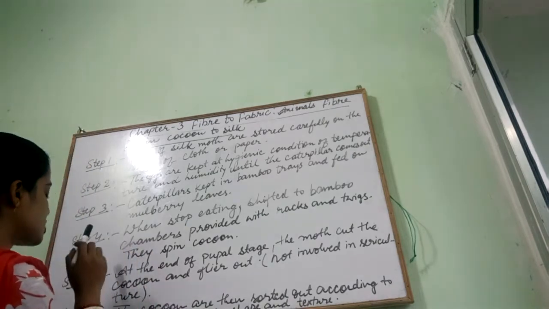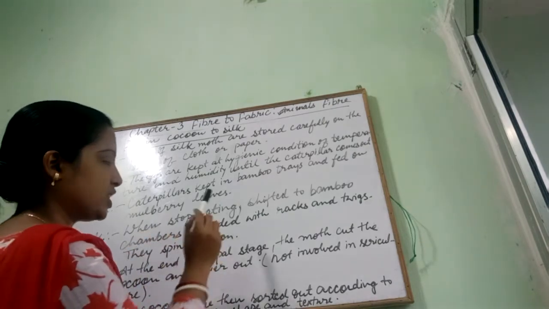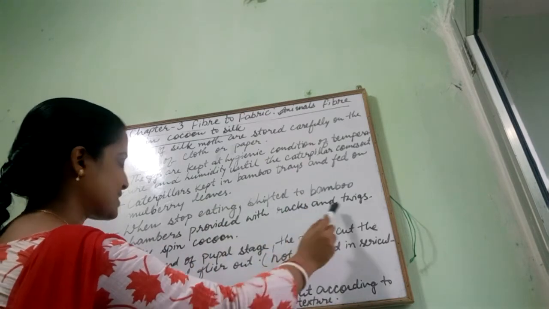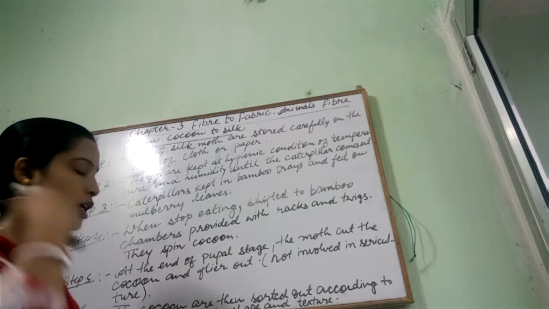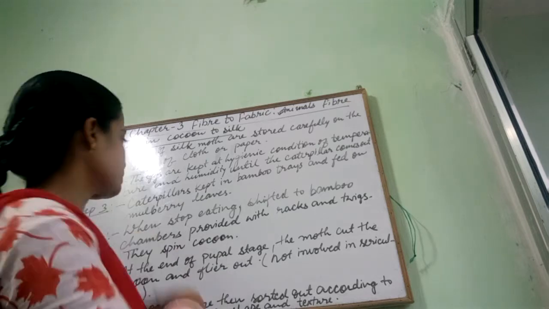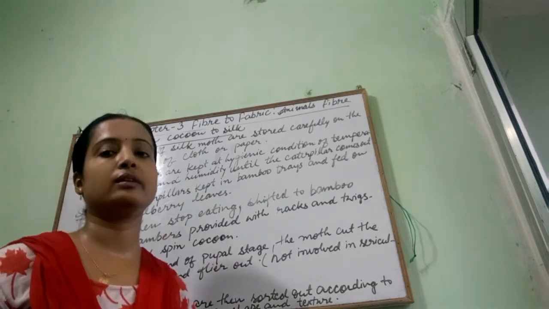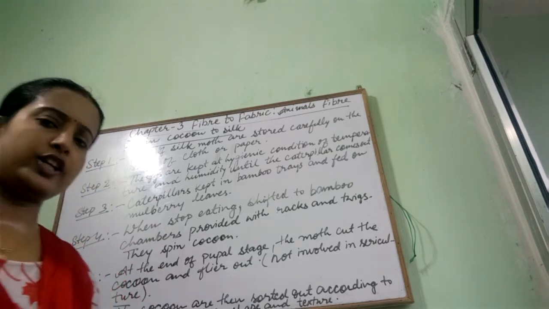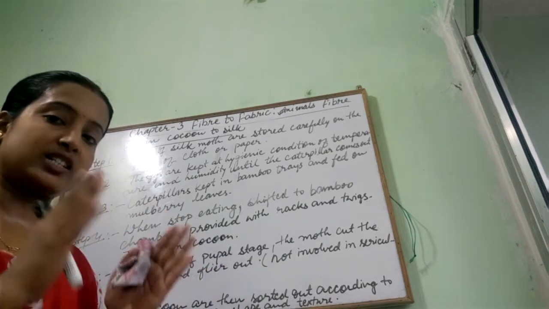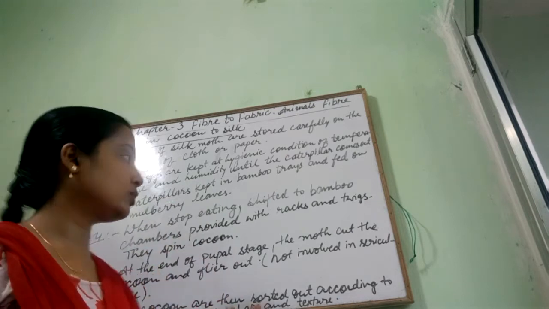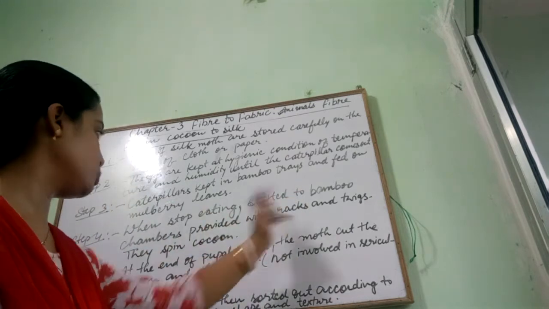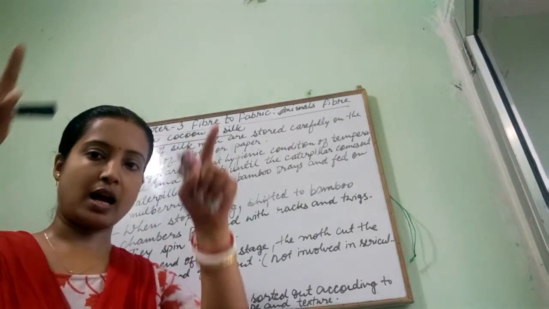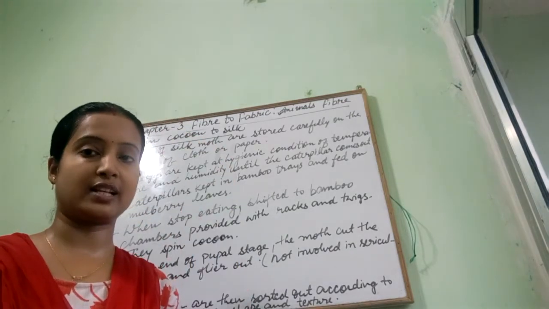Now in the fourth stage, when they stop eating, they are shifted to bamboo chambers provided with racks and twigs, and they spin the cocoon. In this stage, when the caterpillars stop eating after 3 to 5 weeks, when they are ready, they are shifted to bamboo chambers, box type chambers made to rear this silk moth.